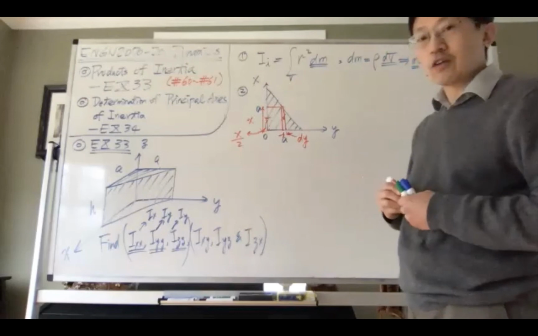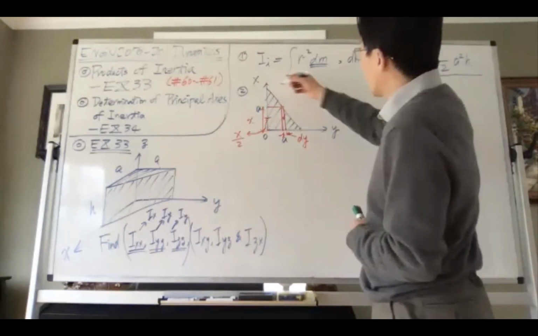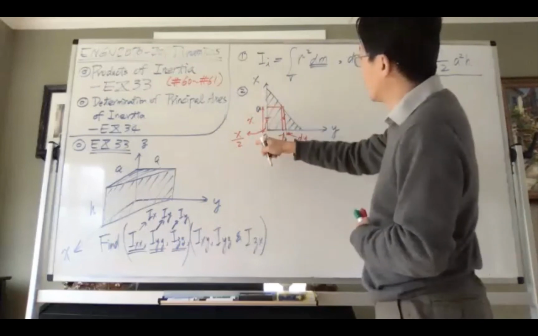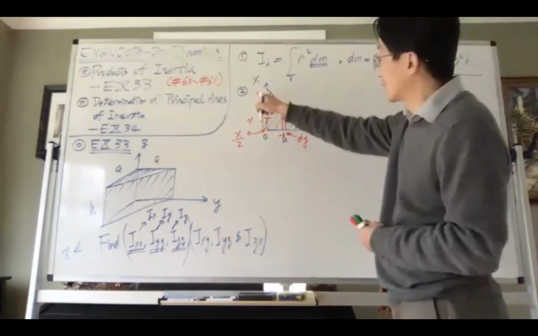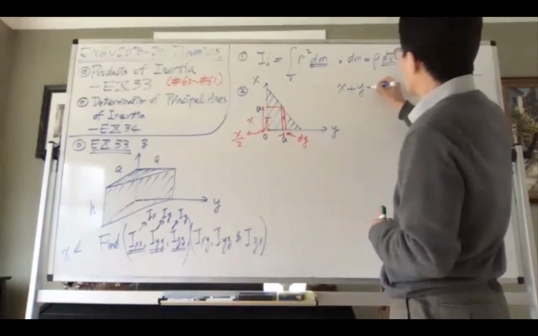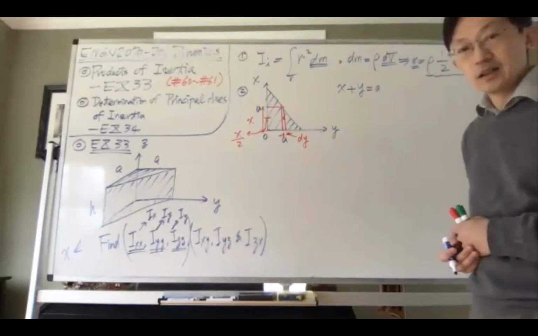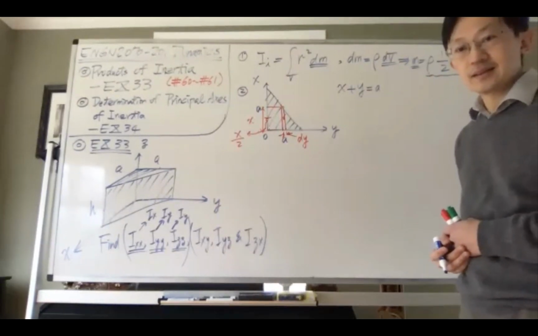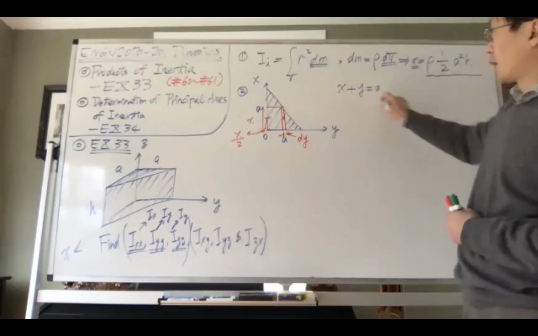The linear equation of this slope, as you can see, when x is 0, y is a, and when x is a, y is 0. So that means x plus y equals a. Do you agree? Right? So x plus y equals a.